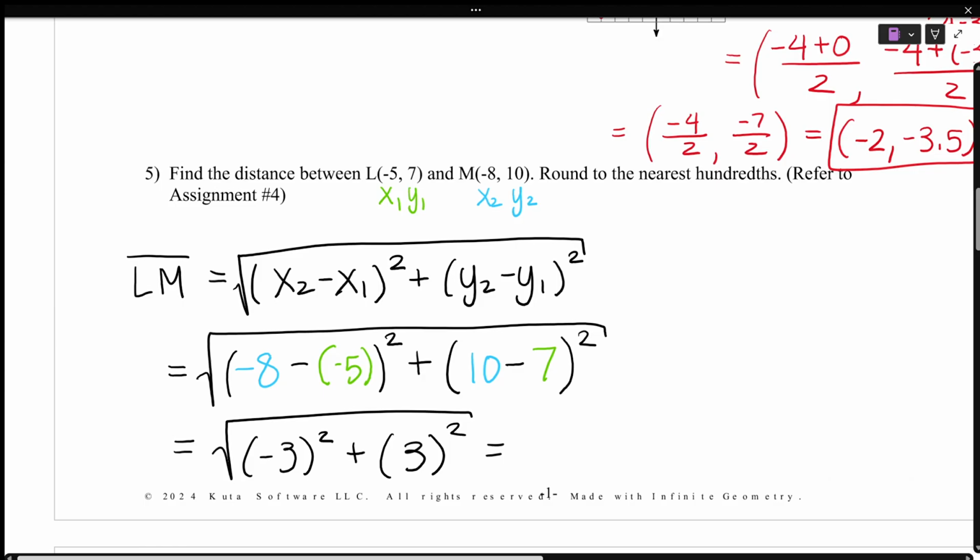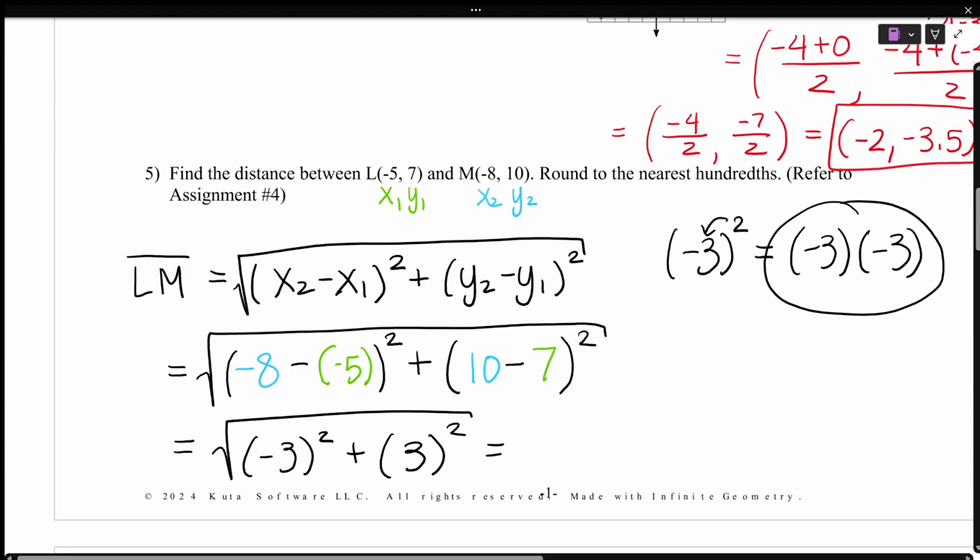Okay, and there's a common misconception. People keep thinking negative 3 squared is negative 6 because you're doing negative 3 times 2. That's not true, right? Negative 3 squared is actually just negative 3 times negative 3. The power of 2 exponent means that you are taking this inside number and multiplying it by itself twice.